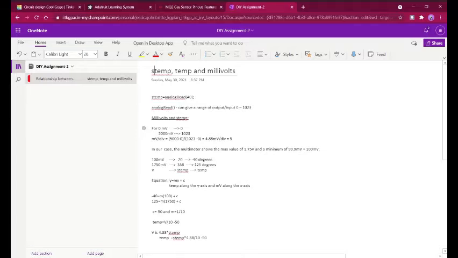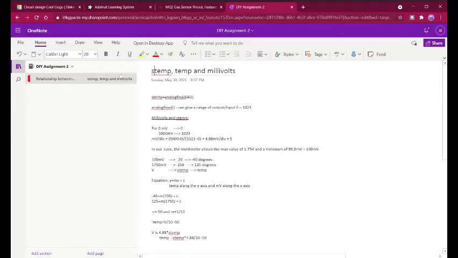And we know that 0 corresponds to the minimum voltage, that is 0 volts in this case, and 1023 to the maximum voltage, that is 5000 mV. And mV per division is (5000 minus 0)/(1023 minus 0), which is 4.88 mV per division, which is approximately 5.